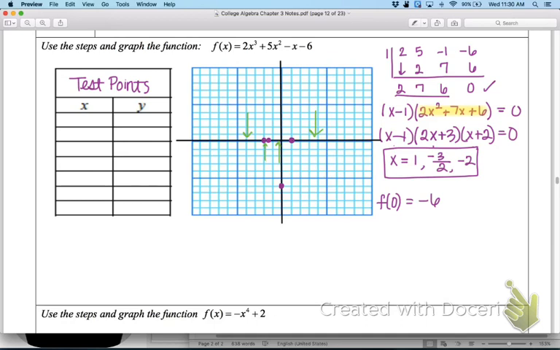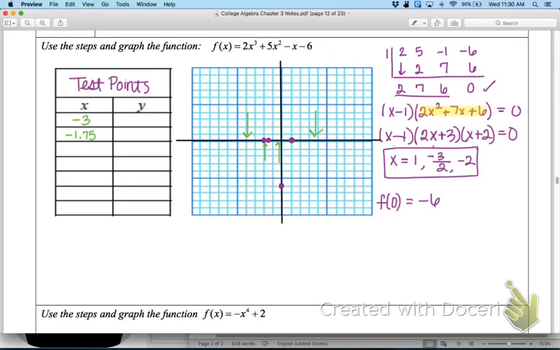So I would choose to the left of -2, I'm just going to choose -3 because that's the next whole number. Now, between -1.5 and -2, there's not really anything good, so I'm going to do -1.75. I mean, really, we could just pick -1.7 or -1.6. Doesn't matter.